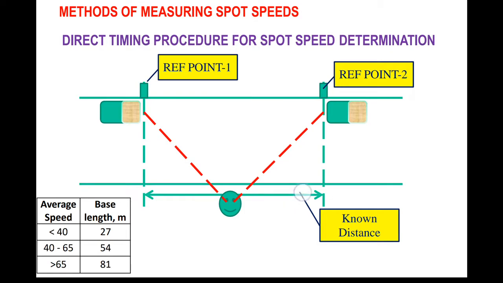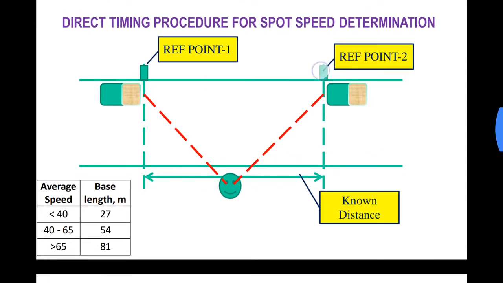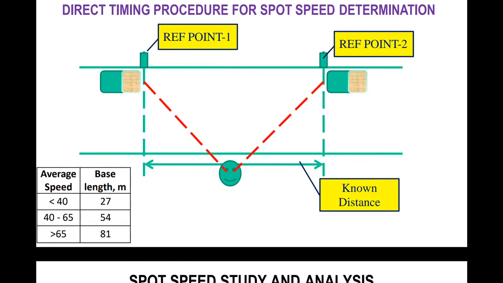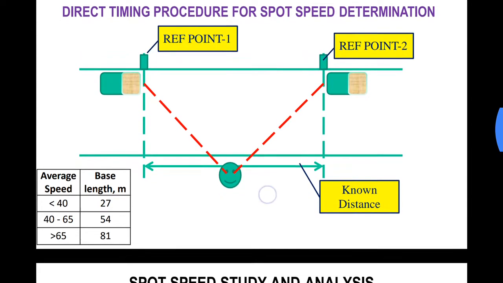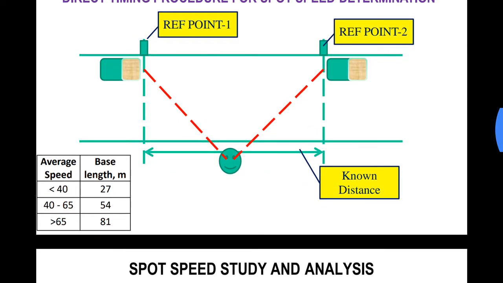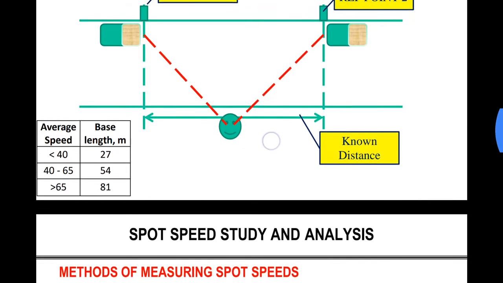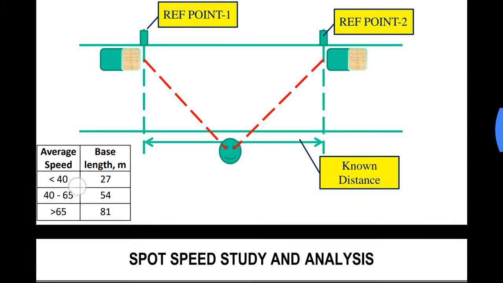So here what we do is we have two reference points, reference point 1 and 2, and there is one observer placed at the midspan of this known distance. Firstly, we mark a distance and place reference points. This distance would vary based on the average speed of the vehicles in that area.